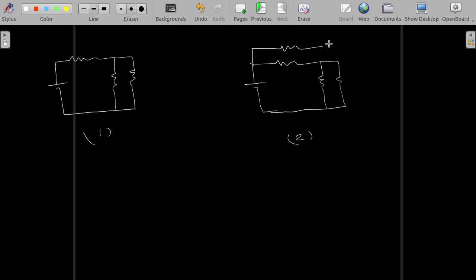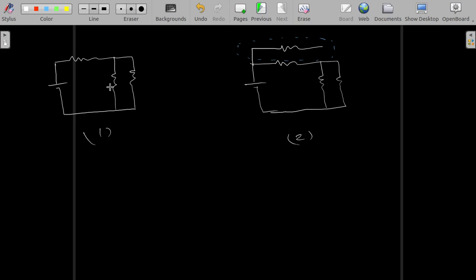It is obvious, right? This element, this arm or this resistor, is not connected on both sides. When we are giving the voltage in this figure, some current will be flowing through all the paths, right?